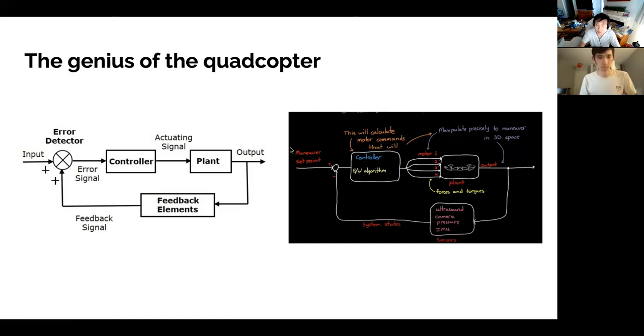And the plant is the processing for post adjustment, I guess you could say. And the motors are meant to manipulate and change the orientation of the quadcopter to match the maneuver set point. And it can't be done instantaneously, which is why we have that feedback control that collects your data from, in our case, an IMU, and brings that all the way back to be subtracted from the desired set point, and then repeat.